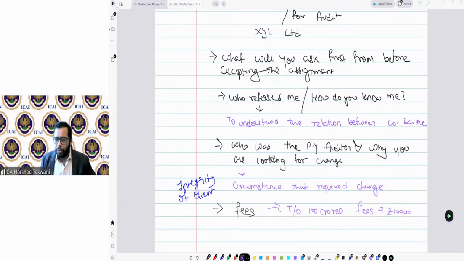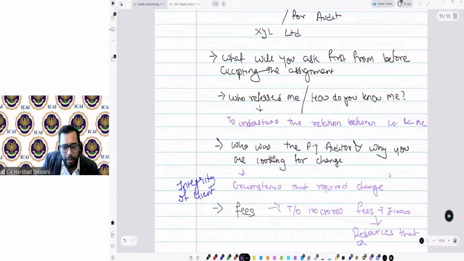So the cost to perform the audit will be more than the fees I'm getting. When I say cost to perform the audit, I have to see the resources required on the audit.